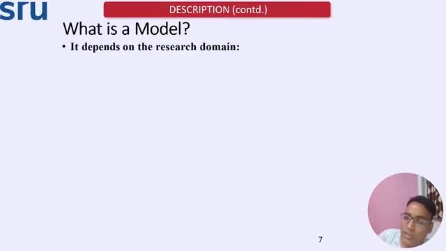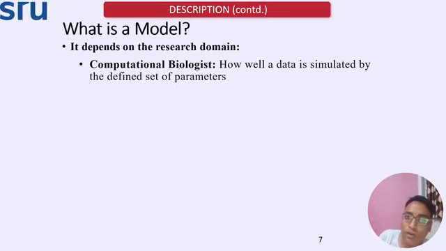For each of them the model means something different, but all are interrelated. For a computational biologist, a model just means how well the data is simulated by the given set of parameters. That's it. If my computational algorithm is able to give me the required scores, the model is best.